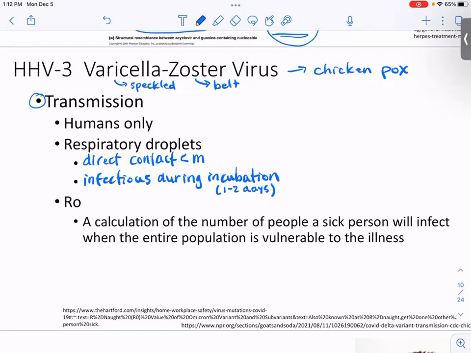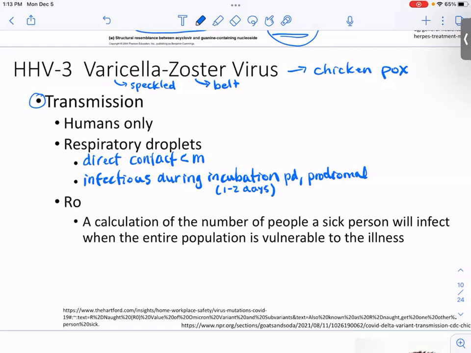So you can be infectious during the incubation period, during the prodromal period, which remember is kind of general symptoms. Usually when kids get chickenpox, there's really not much of a prodromal period. They're infectious a couple days before the rash breaks out.